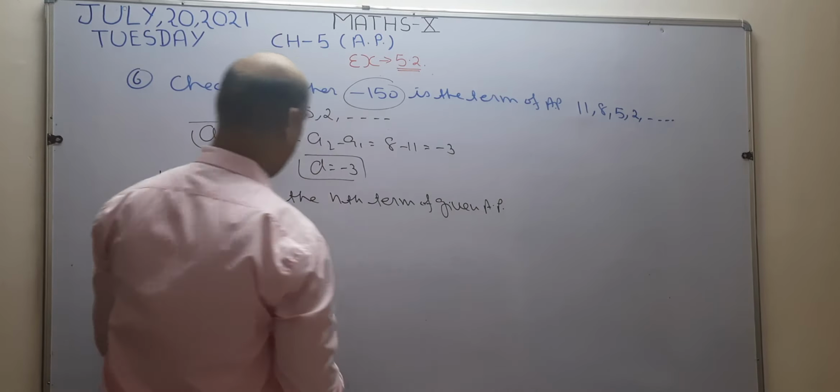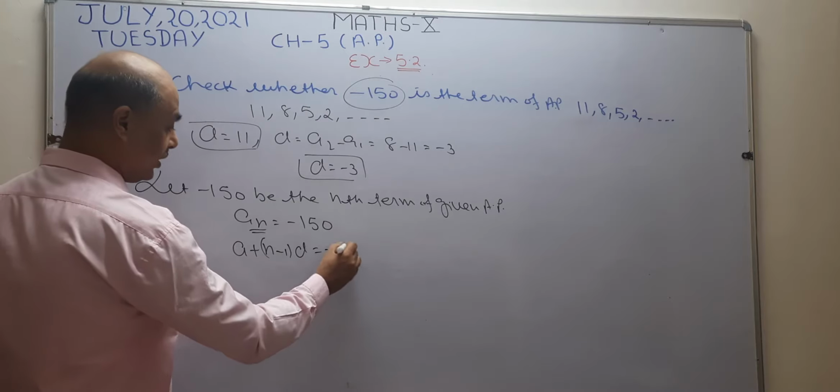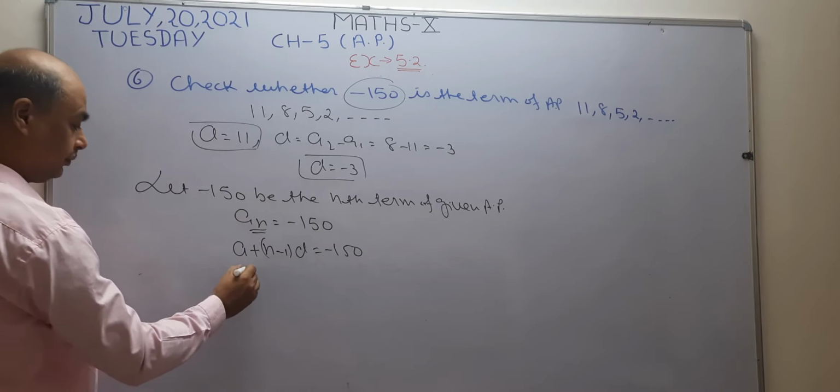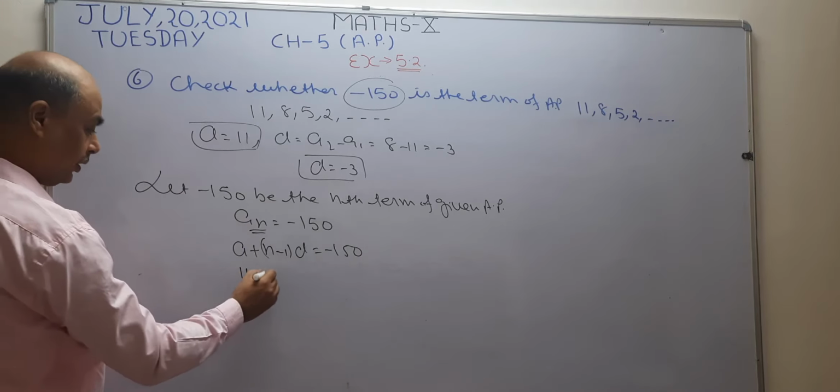If it is the nth term, then an is equal to minus 150. Now finding the value of an, the formula is a plus n minus 1 into d equal to minus 150. The value of a is 11, n minus 1, and the value of d is minus 3, equal to minus 150.